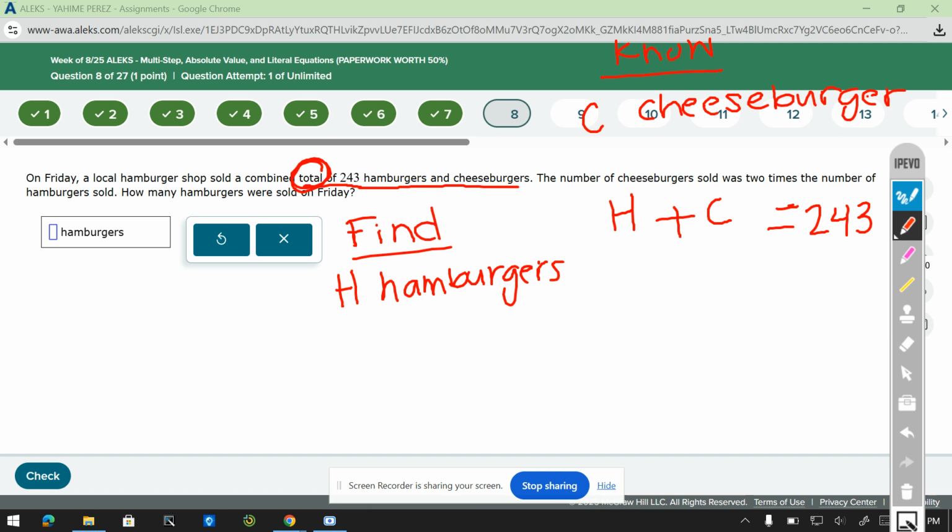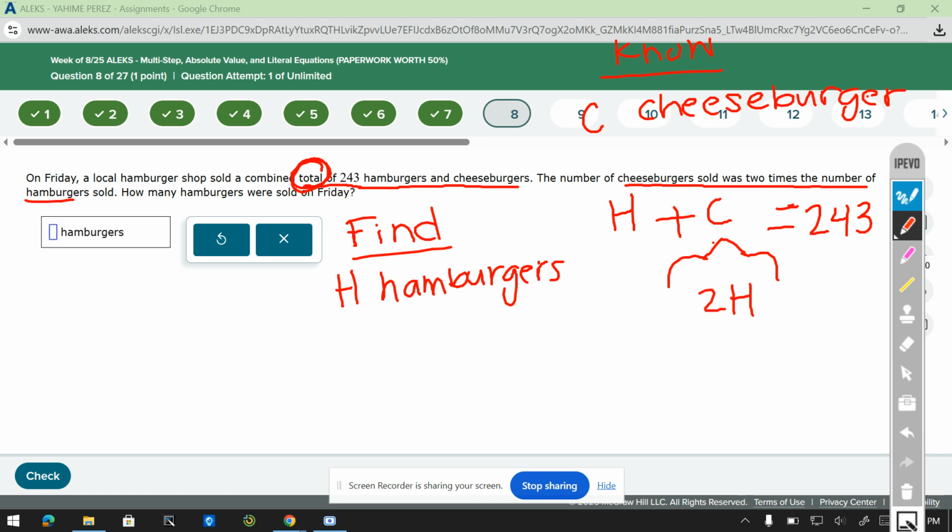Okay? So now we have a rough equation, okay? What else do we know from this word problem? It says the number of cheeseburgers sold was 2 times the number of hamburgers, okay? So cheeseburgers was 2 times the number of hamburgers, or 2 times H, or 2 times H is just 2H, right?